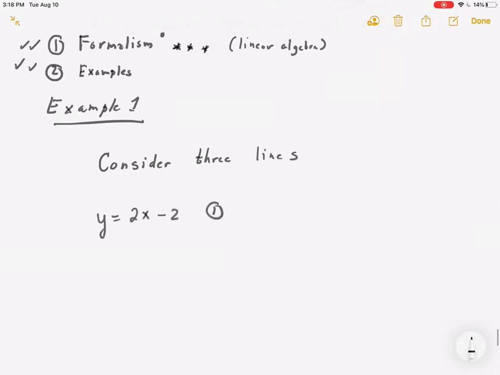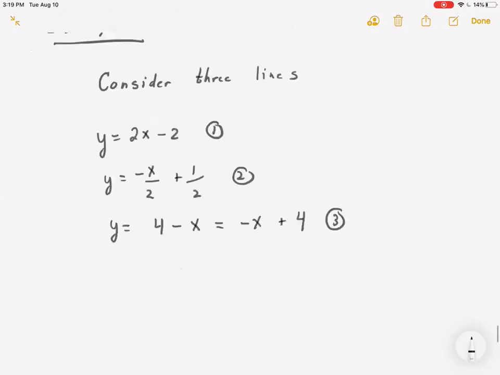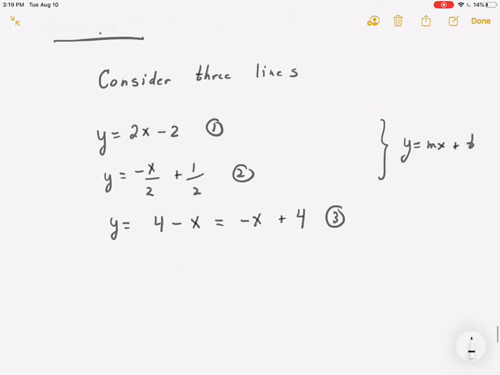So here's an equation for line 1, here's an equation for line 2, and here's an equation for line 3. I've written them in the form of the general equation of a line, y equals mx plus b, where m is the slope of the line and b is the y-intercept.